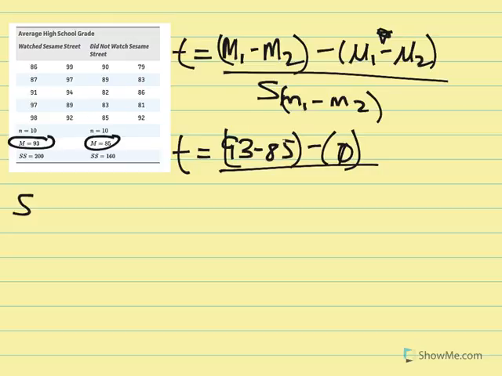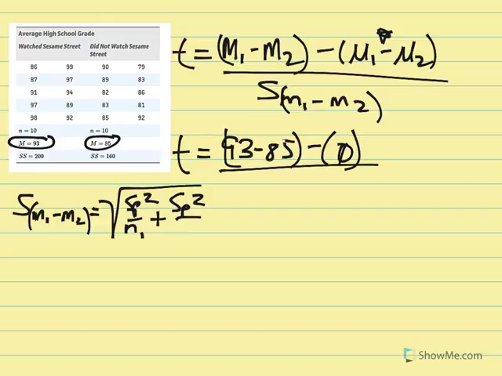So our equation for the estimated standard error of the mean difference is as follows. We take the square root of our pooled variance over sample size 1 added to the pooled variance over sample size 2. We take those two fractions, add them together, and then take the square root.